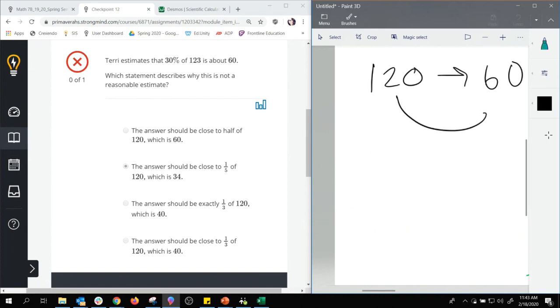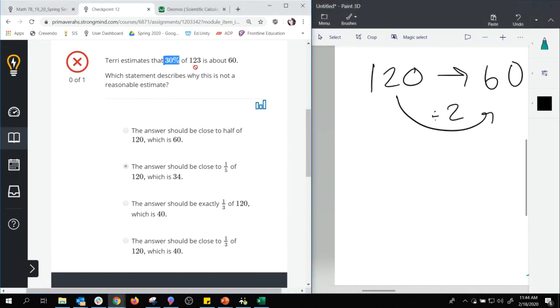What number would you divide by? 2. Perfect. So 120 divided by 2 gives me 60. And dividing by 2 is the same as taking a half, right? If I have a whole pizza and I divide it in half, or by 2, I would take half of the pizza away. So this isn't really a good estimate because it's saying 30%, right?